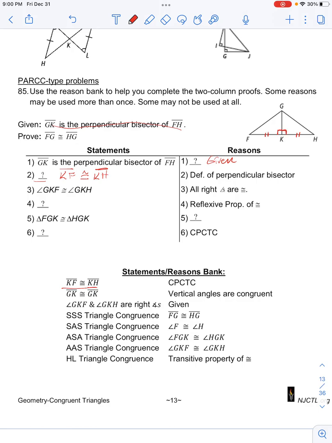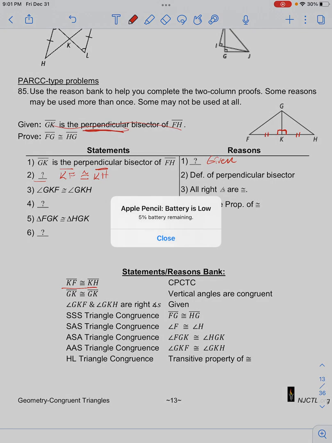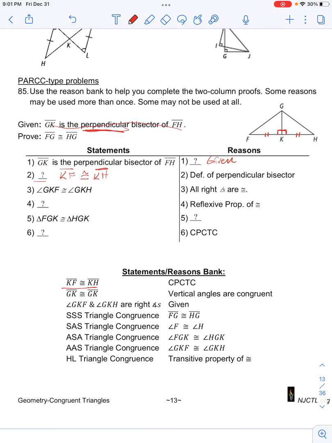And the reason is that all right angles are congruent. If GK is the perpendicular bisector, this means that the angles formed by the intersection of GK and FH must form right angles.